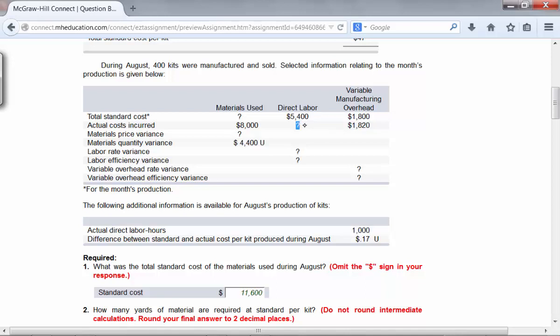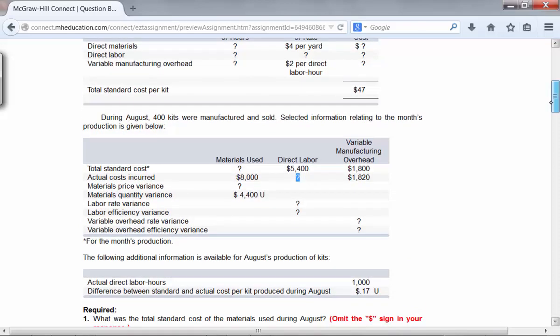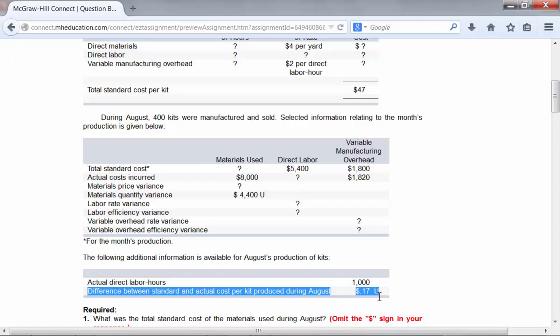Right? And we can actually get this question mark through a two-step process. First, this becomes important, right? The difference between the standard cost per kit and the actual cost per kit is 17 cents unfavorable.